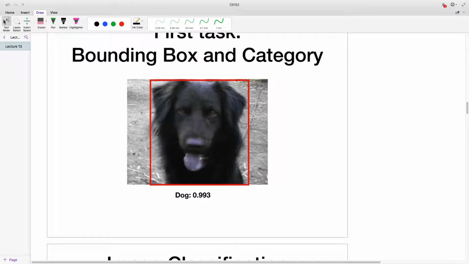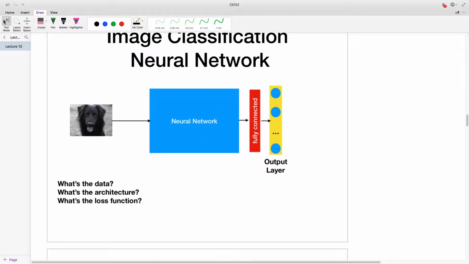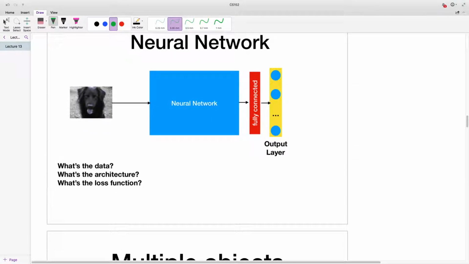And then we said, well, let's simplify our problem. Let's first just say we want a bounding box and a category, so a classification. How can we do that? The key here, and this is not just for the object detection problem, is these three questions.